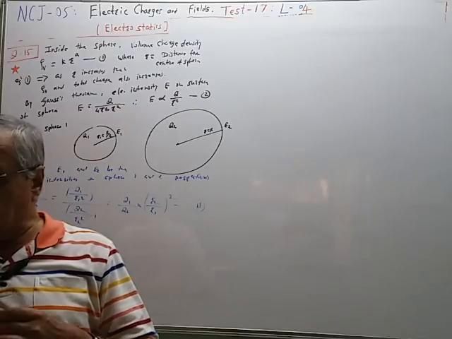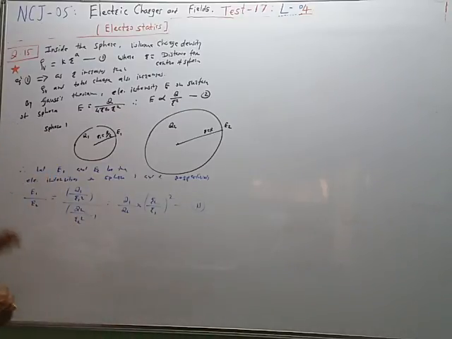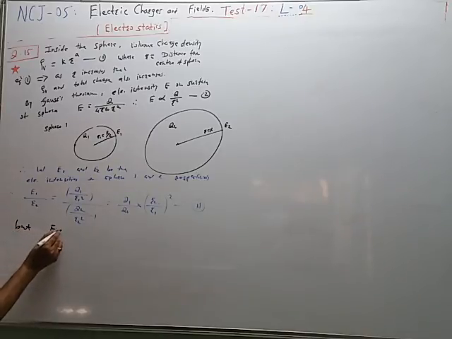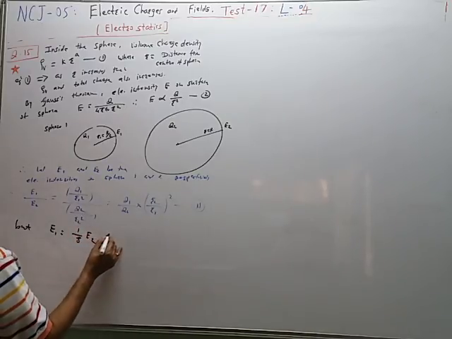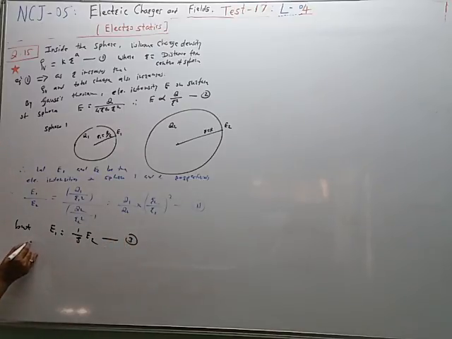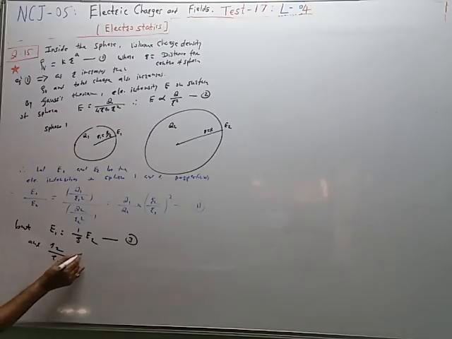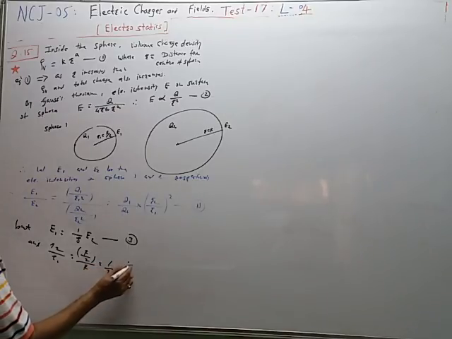So we are given that the intensity at r equal to R by 2, E1, is equal to 1 by 8 times E2. This is equation 3, and R2 upon R1 is equal to R upon R by 2, that is 2. Therefore, R1 upon R2 is equal to 1/2.